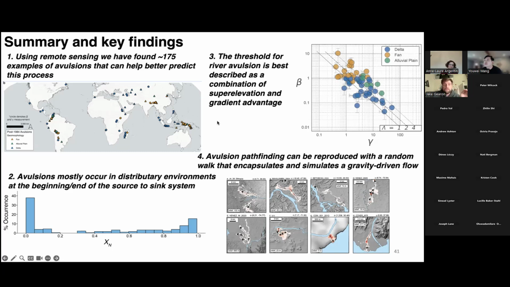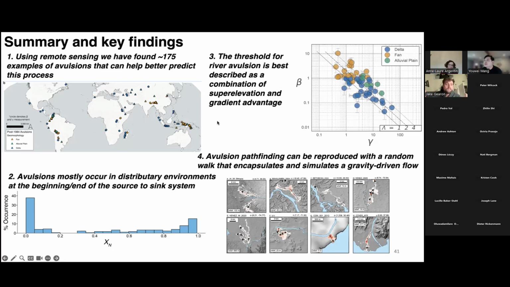There is a decent amount of variability there. The median value is pretty robust at around 2, but there is variability on either side, and I think that could be collapsed through grain size for cohesion effects, and through vegetation, because vegetation has a pretty big effect on stabilizing the levee and ridge system. But also the hydrodynamics at play.